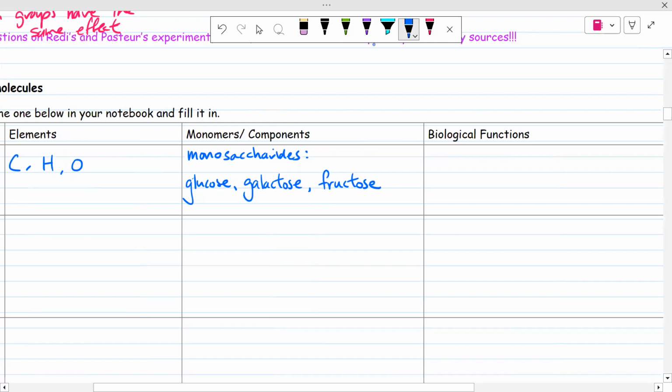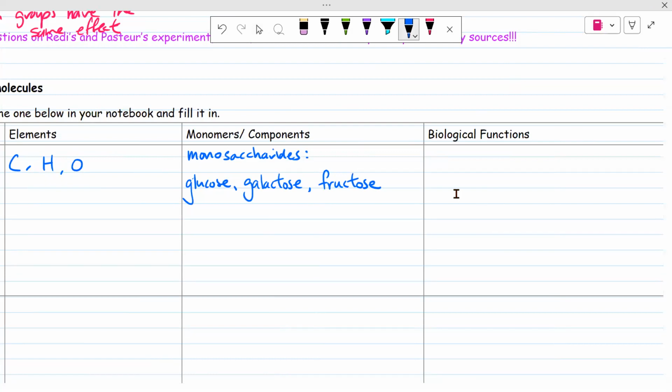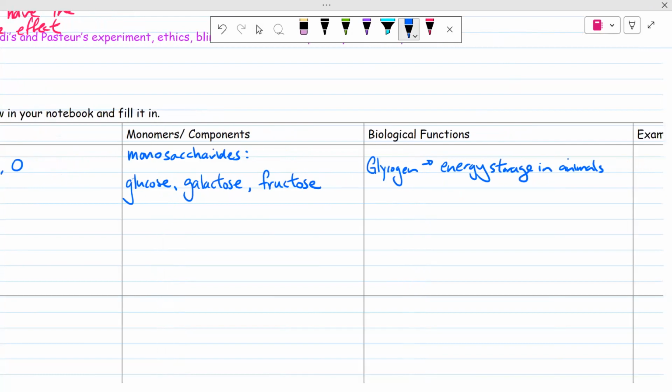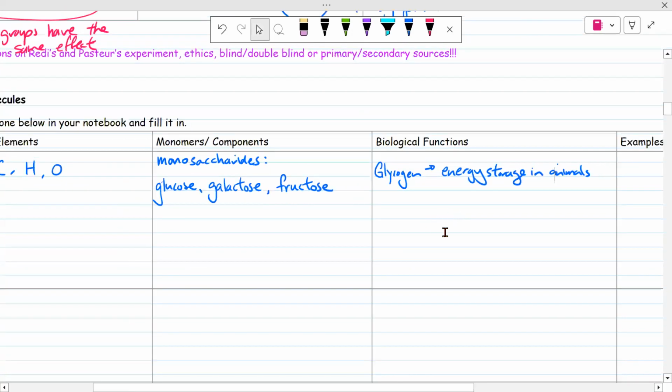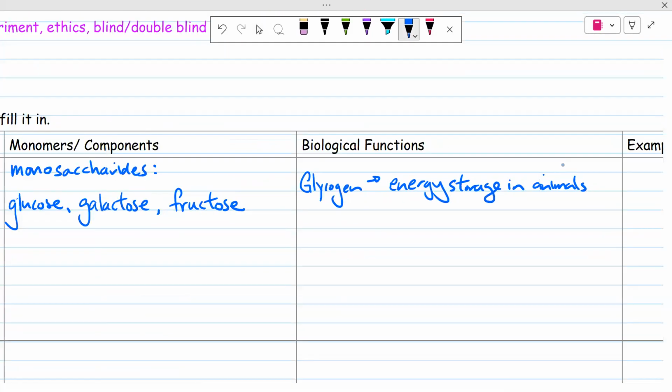Biological function, we had 3 or 4. There is the glycogen. That's energy storage in animals. I'll just do the example and the function together, okay? What's the one that is storage for plants? Starch. Yeah.